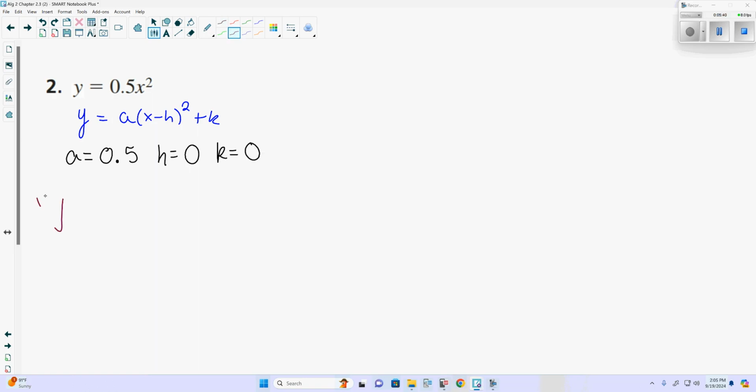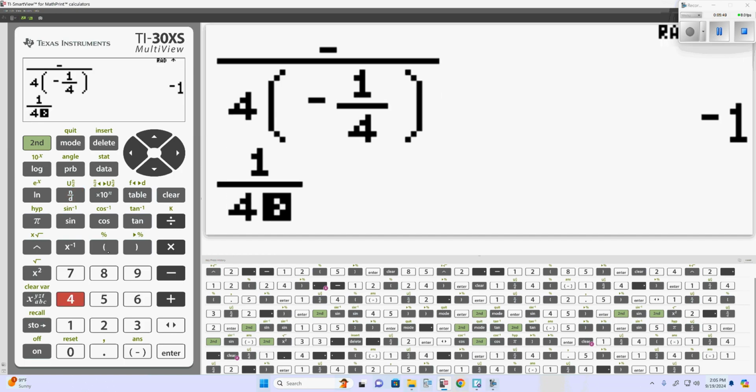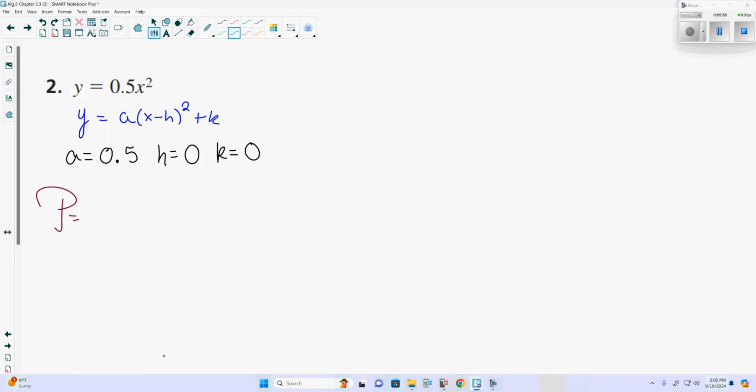Well, again, we can go on to find p, because p is equal to 1 over 4a. 1 over 4 times 0.5 is 0.5. Because all we're doing is 1 over 4 times 0.5. 4 times 0.5 is 2. 1 over 2 is a half. Get back where we started.